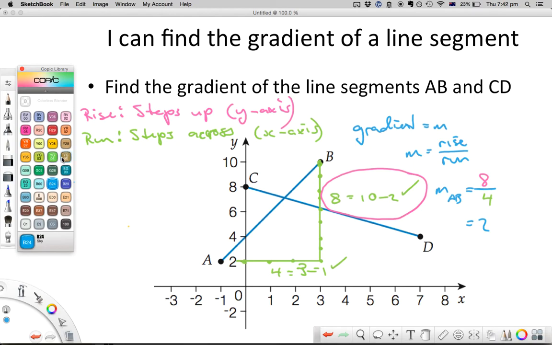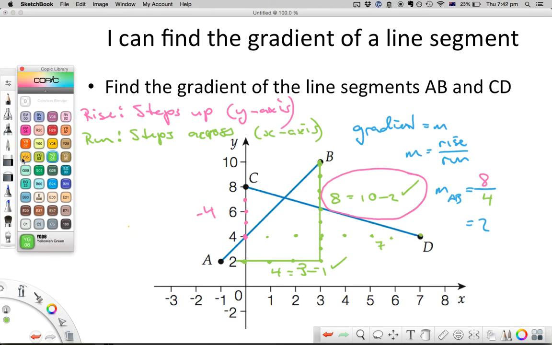What about our line C? Well, for line C, our rise is subtract 1, subtract 2, subtract 3, subtract 4, -4, and our run is +1, +2, +3, +4, +5, +6, +7.